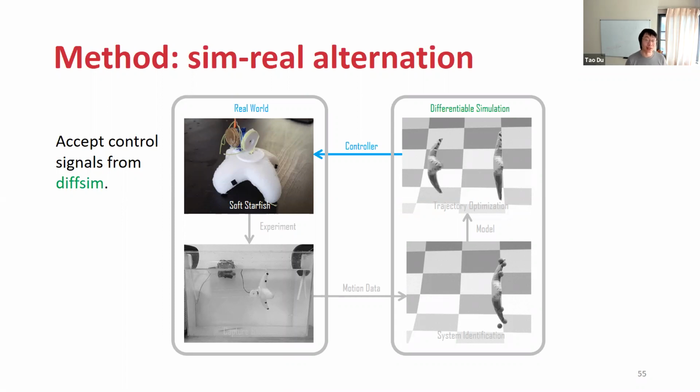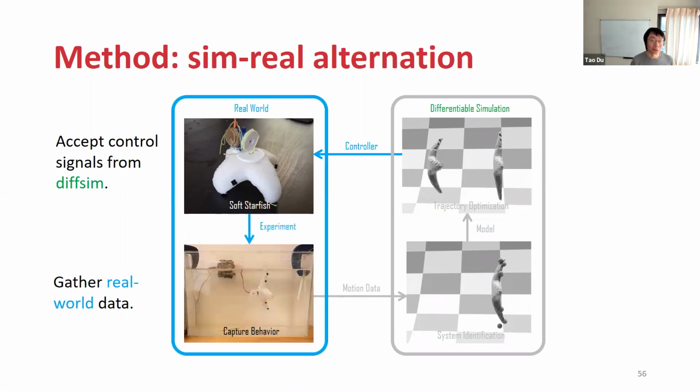But later in the iterations, this will be replaced by the optimal control signal predicted by the simulator. Once we obtain the control information, we execute the control signal in the real world experimental setup and gather more real world experimental data. This data is then fed back into the differentiable simulation tool.